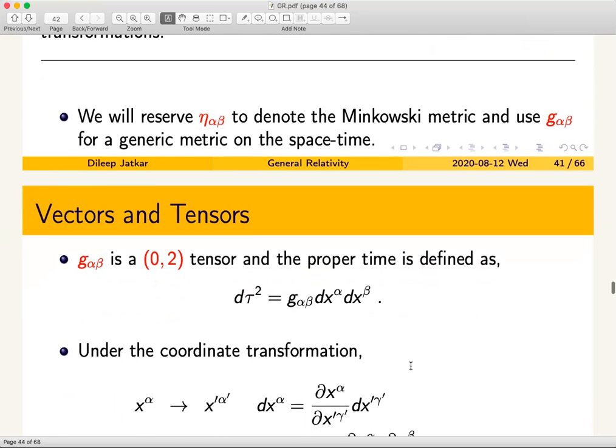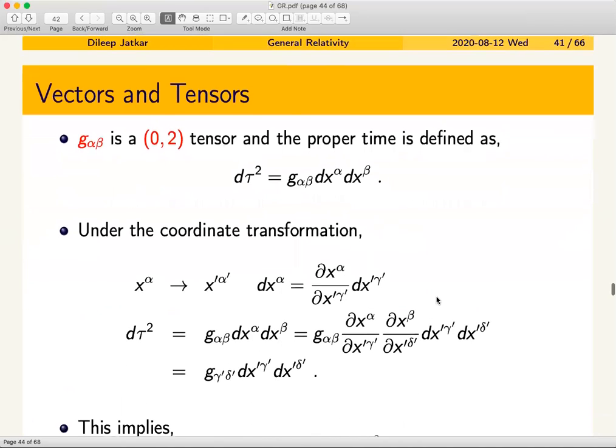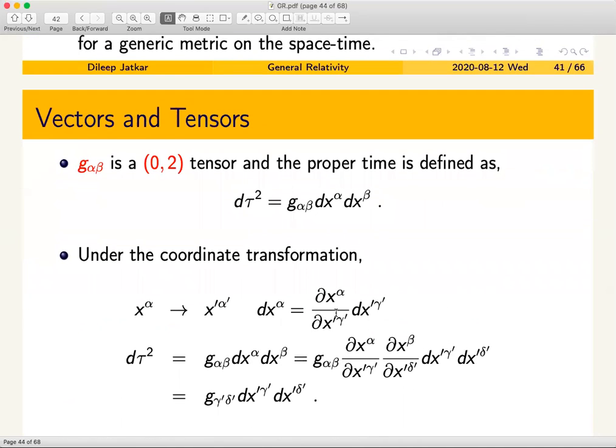So if you do a coordinate transformation, say x^α goes to x'^α', then it's a straightforward thing to check that dx^α would be transformed into dx'^γ' through ∂x^α/∂x'^γ' times dx'^γ'.